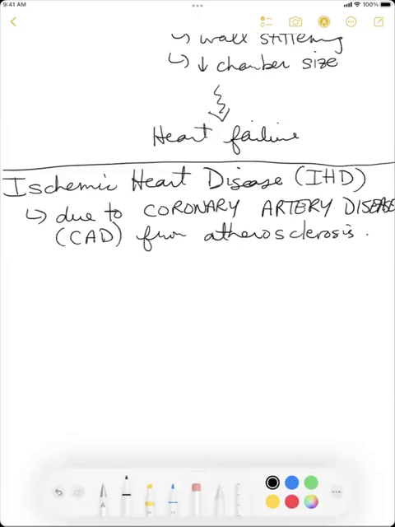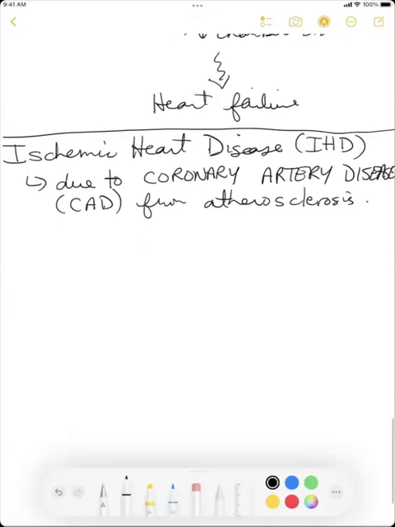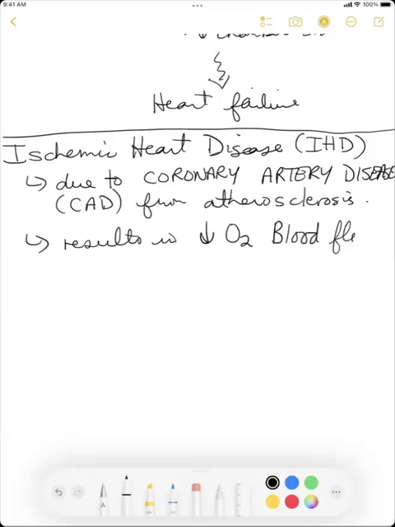And eventually, the heart muscle will die. So actually, before I get there, I better write down that it's due to coronary artery disease from atherosclerosis, and it results in decreased oxygenated blood flow to the heart.